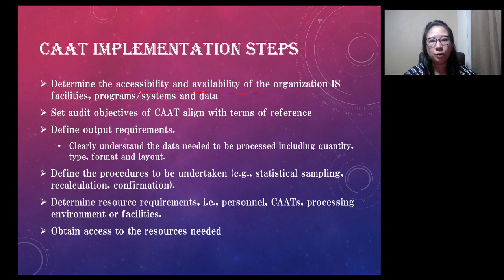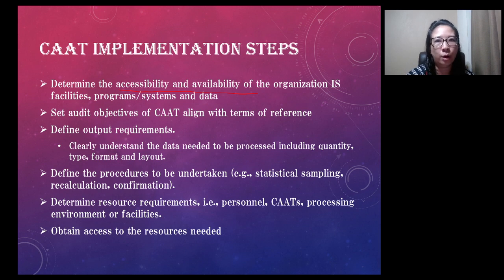And then we need to set the audit objective. So what do we want to do with our CAAT tools? In the previous slide, I already explained how CAAT can help us.